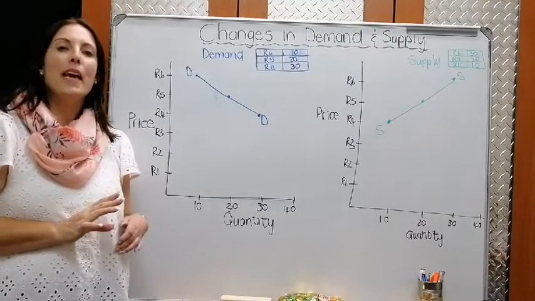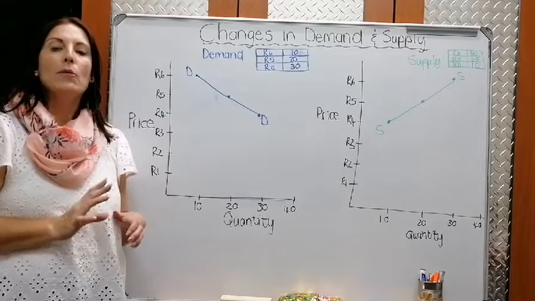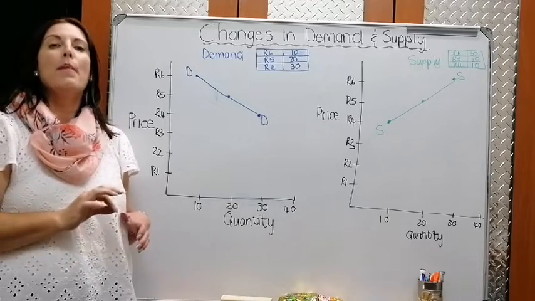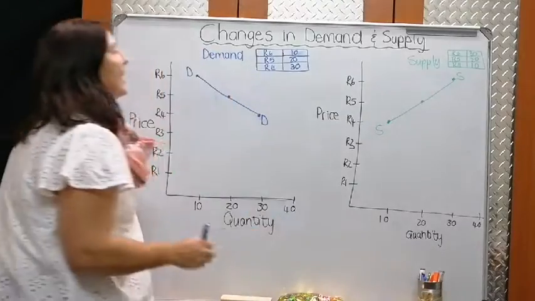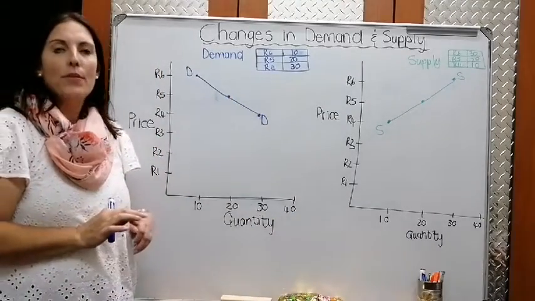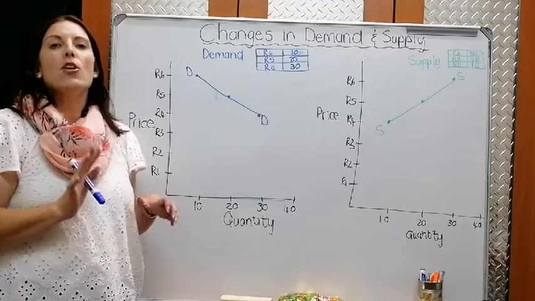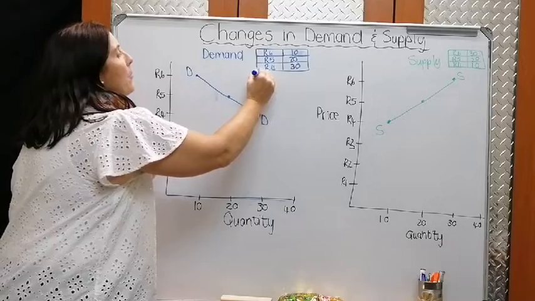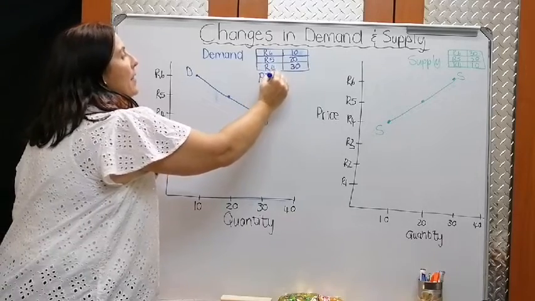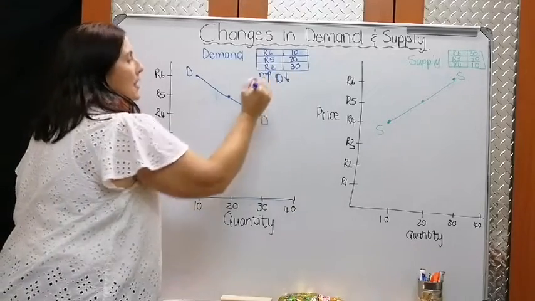Now, let's just recap a little bit of what we have learned so far about demand and supply. You can recall that we said right in the beginning of our first session, what is the law of demand? The law of demand is if price goes up, then demand goes down.